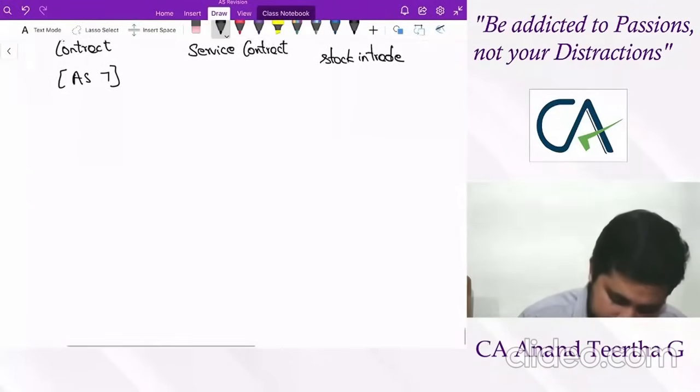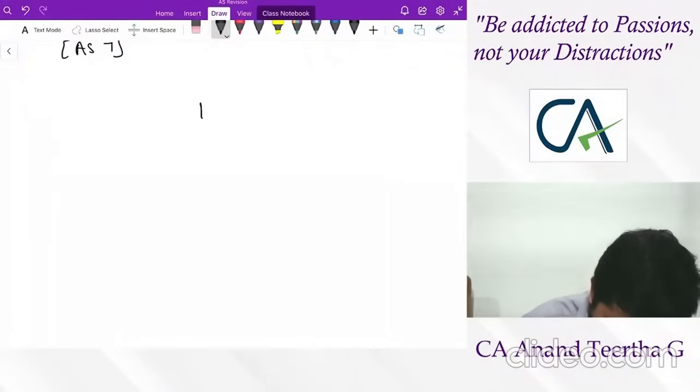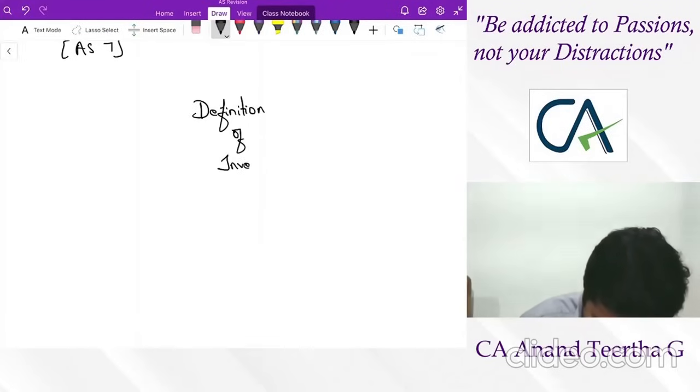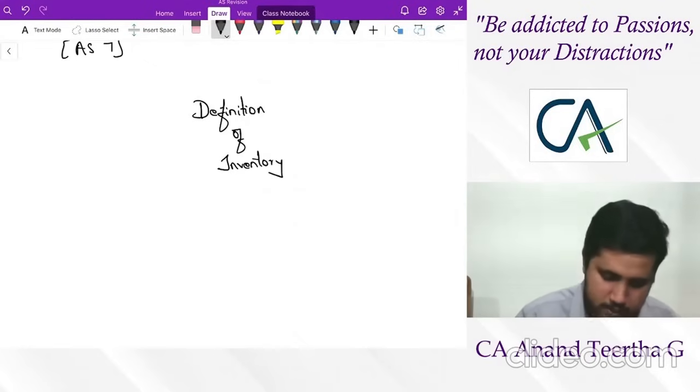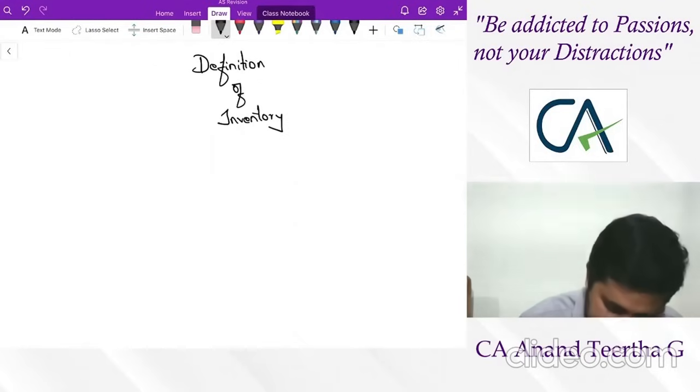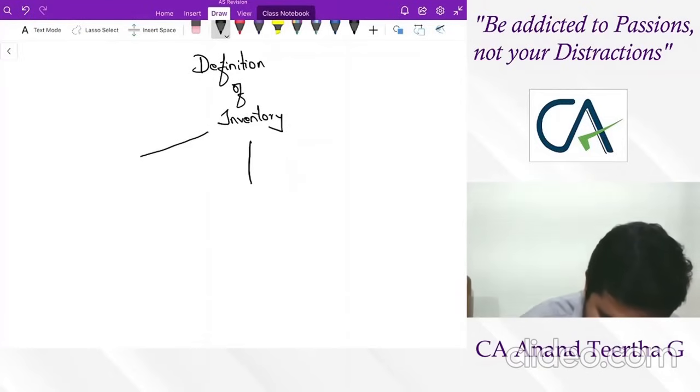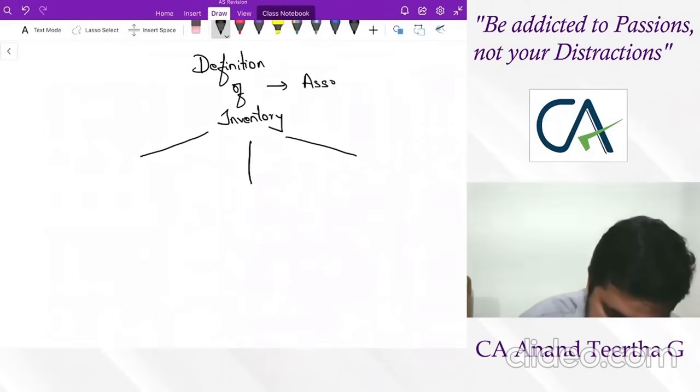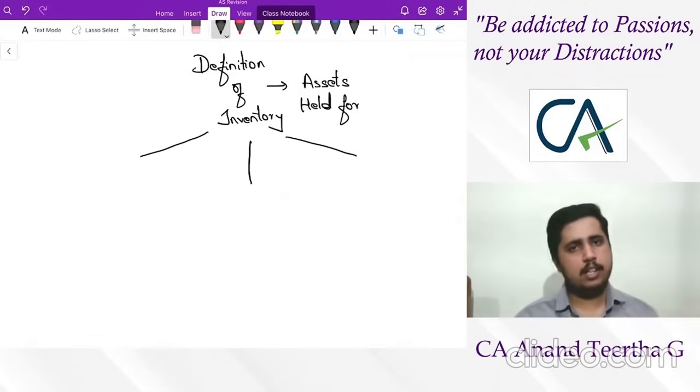After this, the standard tells us the definition of inventory. Now, what do we mean by inventory in an overall way? There are certain technical words which we have to remember. So I will just bring that up now. First, these are supposed to be assets. So these are supposed to be assets which are held for. So in general, obviously inventory is an asset which is held for.